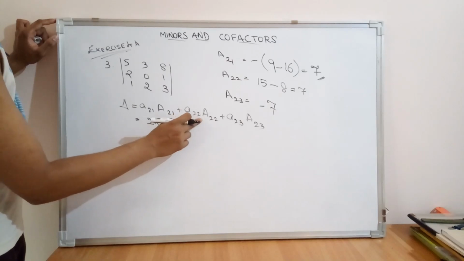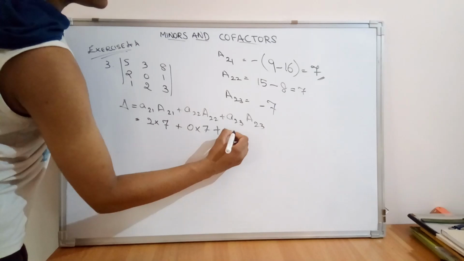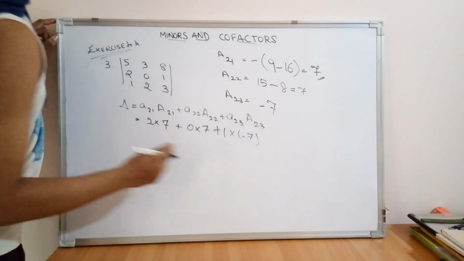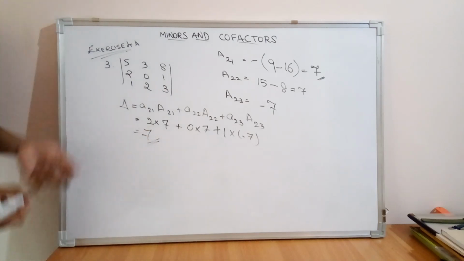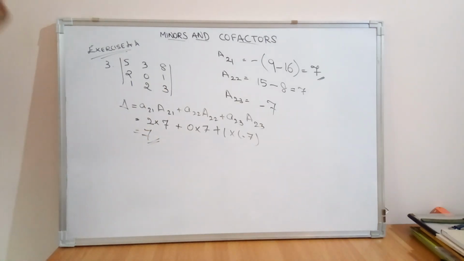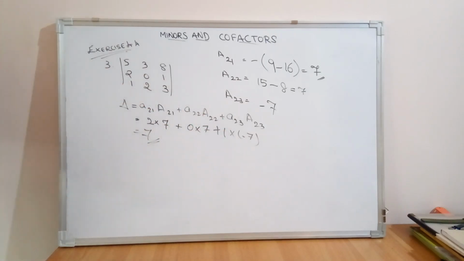Then this is 0 into 7 plus 1 into minus 7. Therefore 2 into 7 minus 7 is going to be 7 only. The value of this particular determinant is 7. So instead of doing all these things, directly find out what is given in the question. You need to find the cofactors and then find out the value of this particular determinant using this particular property. That's all about this question.